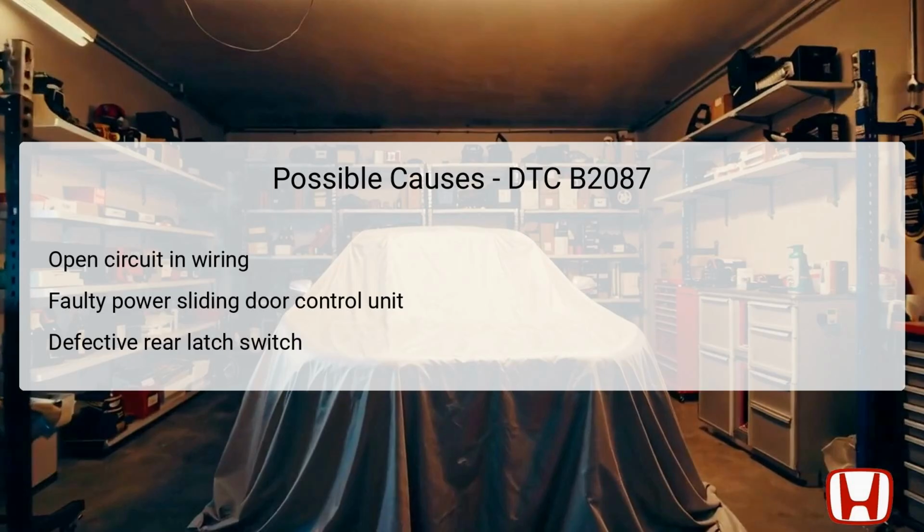Secondly, a faulty power sliding door control unit could lead to system failures, as it's responsible for interpreting signals from input devices like the ratchet switch. Finally, the rear latch switch itself may be defective, preventing it from sending the correct status to the control unit. Identifying the specific cause is crucial for effective repair, as it leads to targeted interventions rather than trial and error methods that can be time-consuming and inefficient.